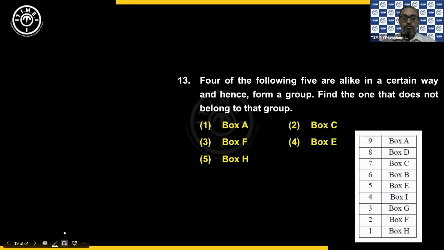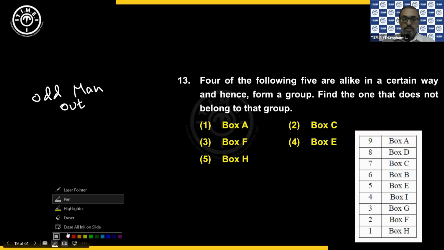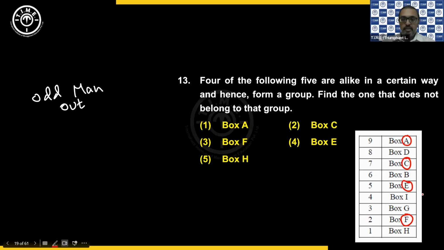Then 4 of the following 5 are alike in a certain way and hence form a group. Find the one that doesn't belong to that group. So it's odd man out question. So let us see which are the boxes he is mentioning in the options. Box A. Then we have box C. Then we have box F. Then we have box E. And then we have box H. Okay. Now, look at this.